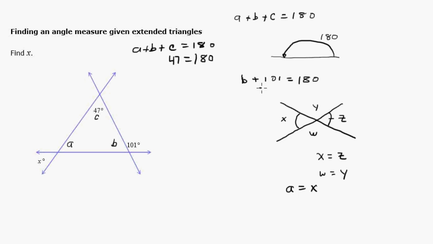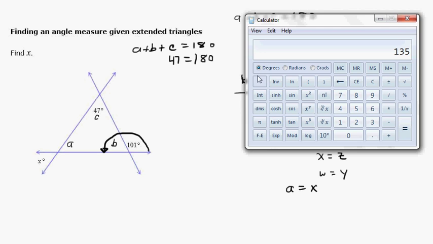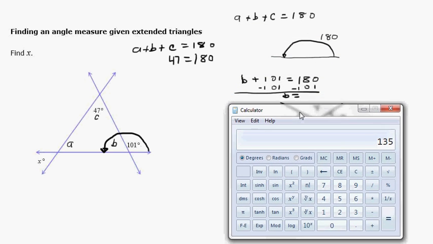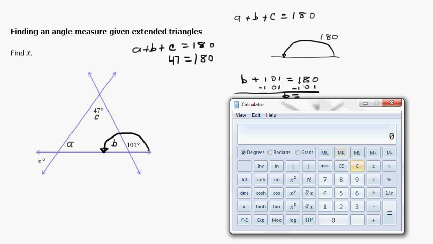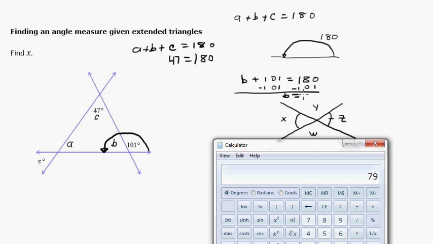So if I subtract 101 from 180, B equals, and there's nothing wrong with a little bit of cheating, just put that into your calculator if you don't want to do it by hand. 180 minus 101 is 79.